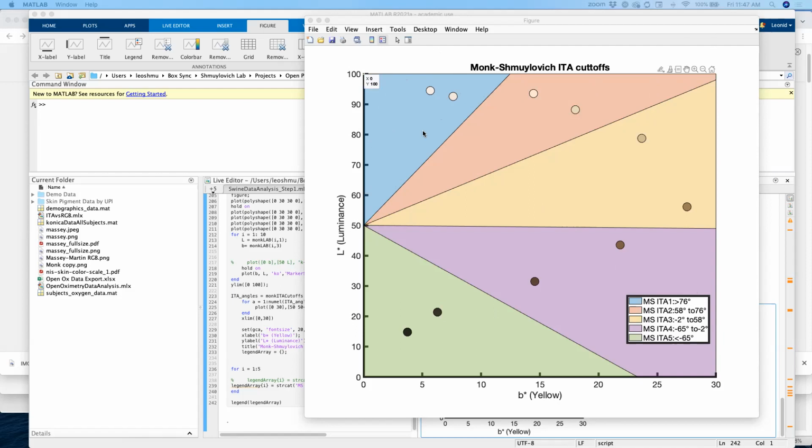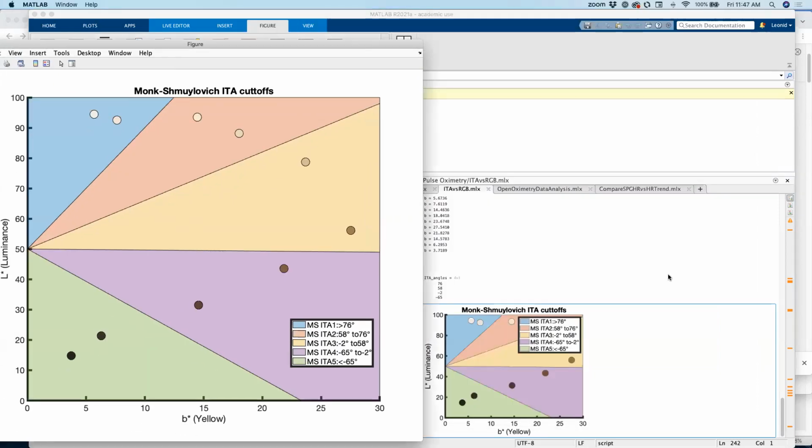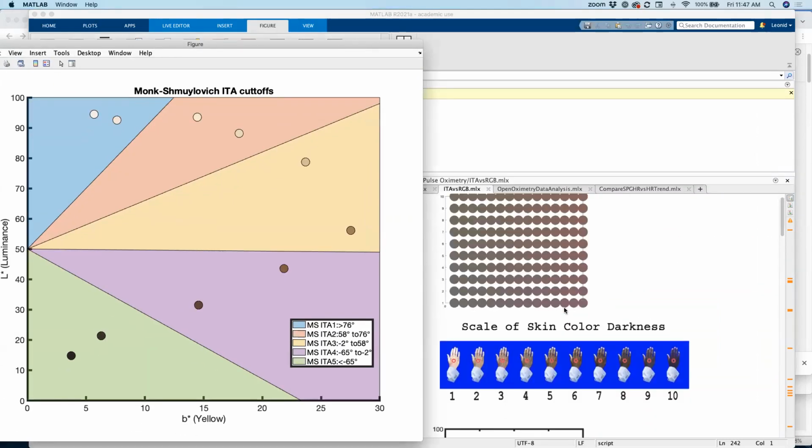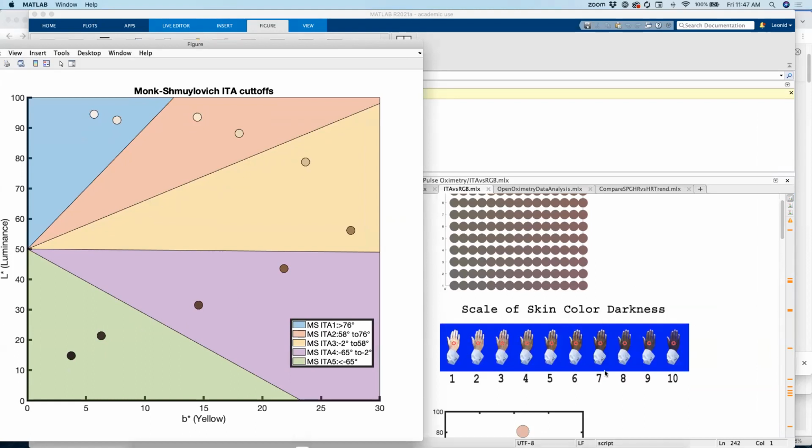Go ahead, Alice, sorry. So just really quickly on this point. One of the main reasons for my creation of the scale was something I noticed in talking with dermatologists, and when we launched the scale with NSHAP. If we use things like the Massey-Martin scale, which one of my former colleagues created about 25 years ago, a lot of the different hands on that scale are kind of indistinguishable once you get to the number 8.